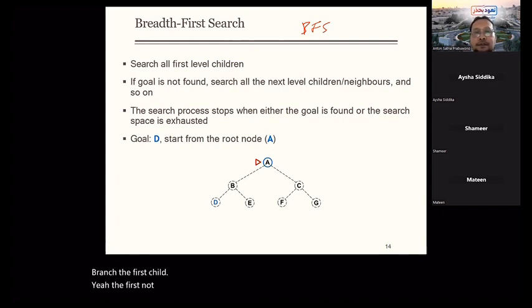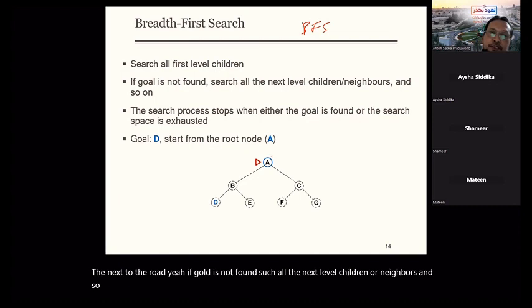But in BFS we search all first level children, or all first level branches, first, the branches next to the root. If the goal is not found, search all the next level children or neighbors and so on.